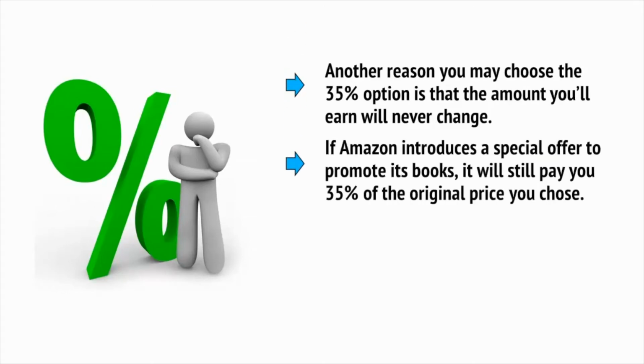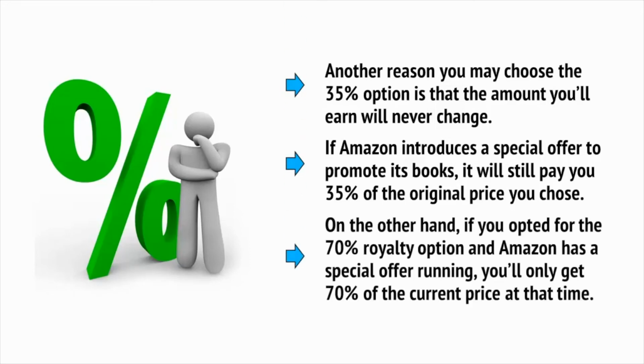If Amazon introduces a special offer to promote its books, it will still pay you 35% of the original price that you chose. On the other hand, if you opted for the 70% royalty option and Amazon has a special offer running, you'll only get 70% of the current price at that time.